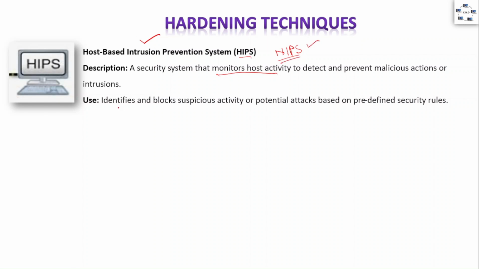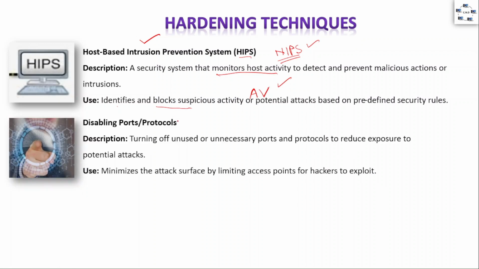Its use is that it identifies and blocks suspicious activity or potential attacks based on predefined security rules. So we can call anti-malware or antivirus a host-based IPS because it detects any malicious malware and promptly blocks it.